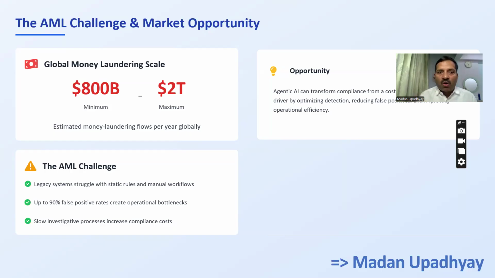And in today's world, almost all the systems are traditional. They are slow and generate a lot of false positives. So how did Stise turn the cost center into a strategic value creator? By leveraging and harnessing the power of agentic AI.